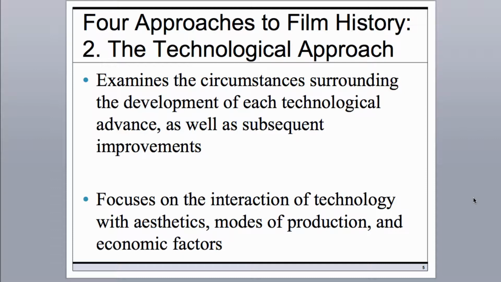And even sound was fitting into that area in the 1920s. So it focuses on the interaction of technology with art or the aesthetics, different types of production approaches, and economic factors where, yes, they're still trying to make a living at what they're doing.